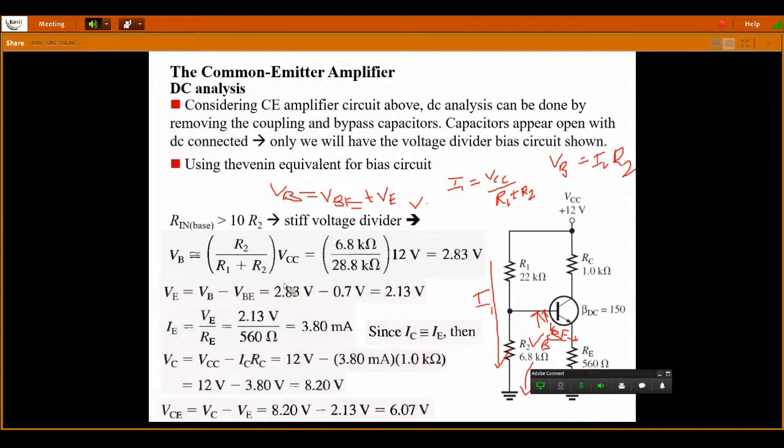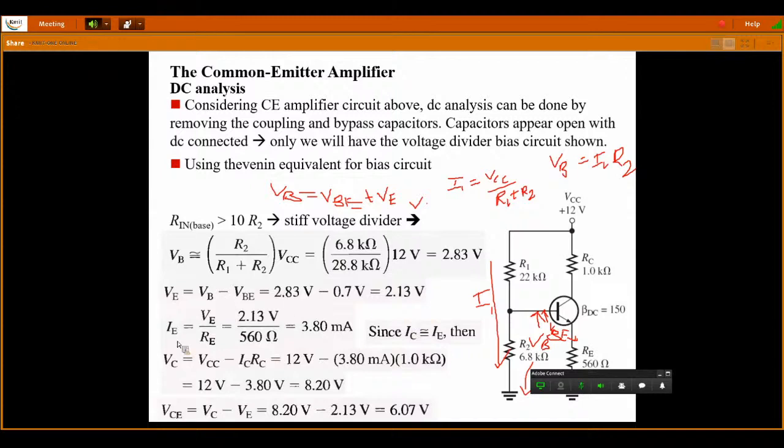As we know, VB we calculated as 2.83 volts with the given resistors and magnitude of VCC. So 2.83 volts minus VBE, which is constant because it is a silicon transistor, 0.7 volts. If it is germanium, then you have to replace this 0.7 volts with 0.3 volts. So then we have 2.13 volts as the emitter voltage.